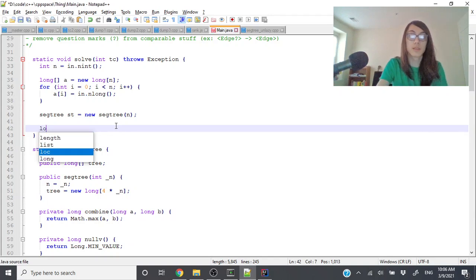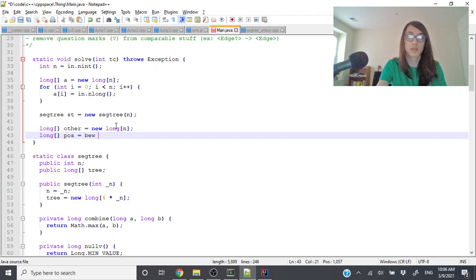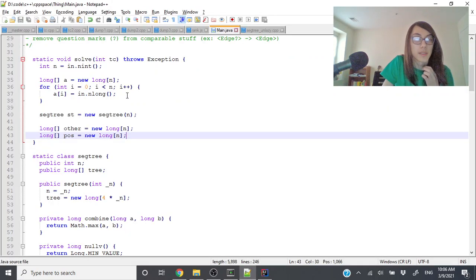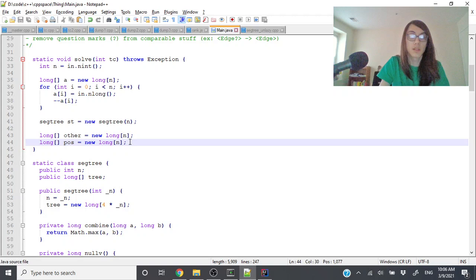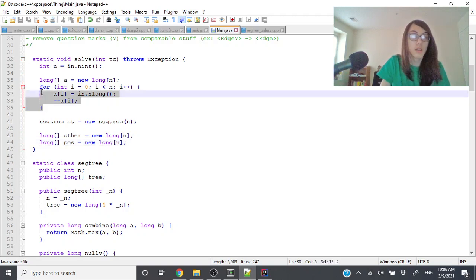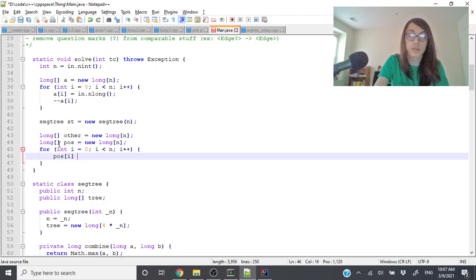Now okay, so we can say minus minus a[i]. pause[i] is equal to -1.